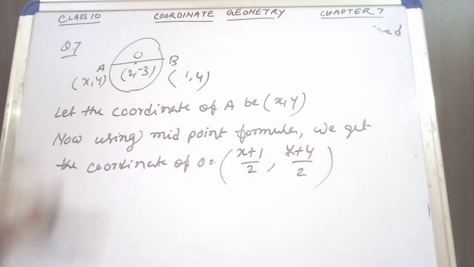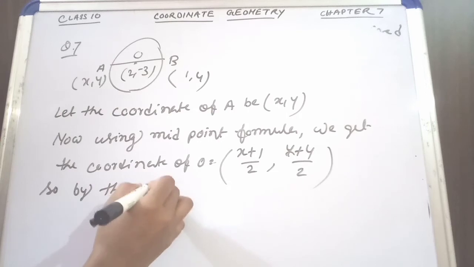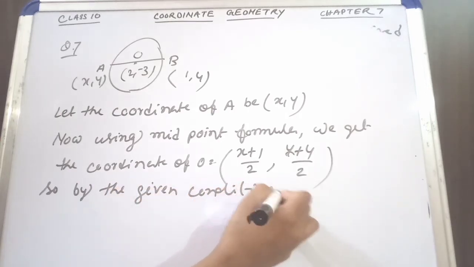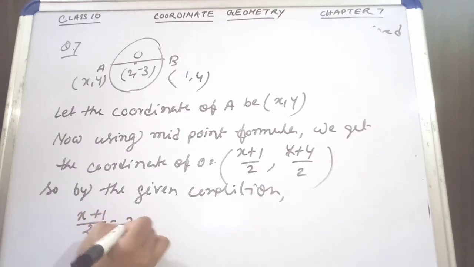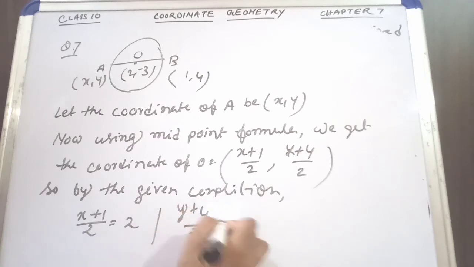And again, given that the coordinate is 2 comma minus 3, so by the given condition, x plus 1 by 2 is equal to 2 and y plus 4 by 2 is equal to minus 3.